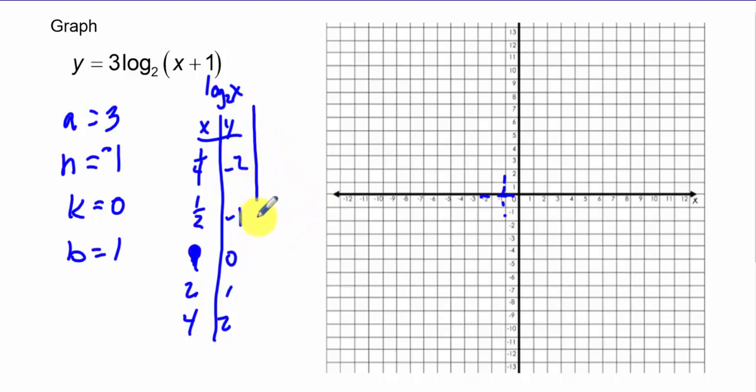And then I'm going to multiply all those by 3. Negative 6, negative 3, 0, 3, 6. Start from here. I have 1, 0 again. Now I have over 2 and up 3. Over 4 and up 6.